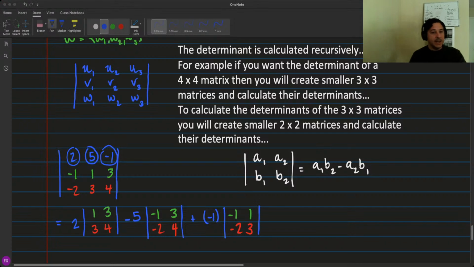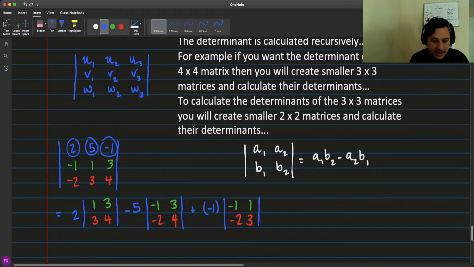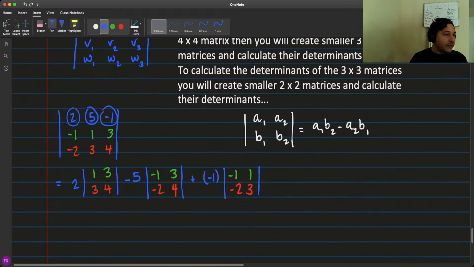Just like I was saying above, how do you calculate the determinant of a 3 by 3? You break it up into these smaller 2 by 2s, and now we can actually calculate those using the formula. So you'll get 2 times 1 times 4 minus 3 times 3.